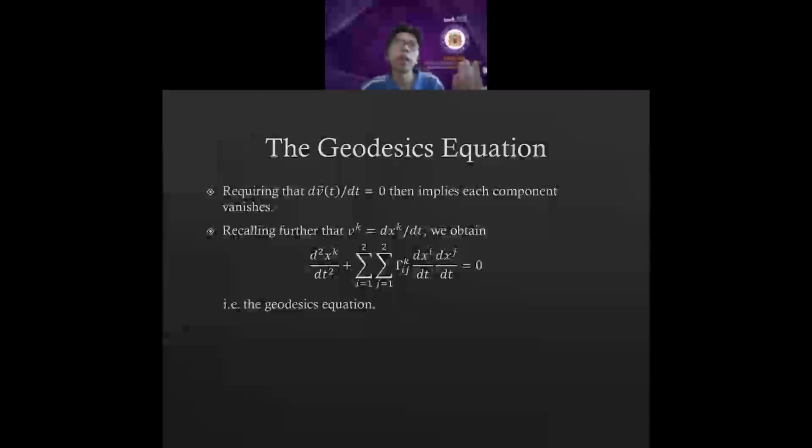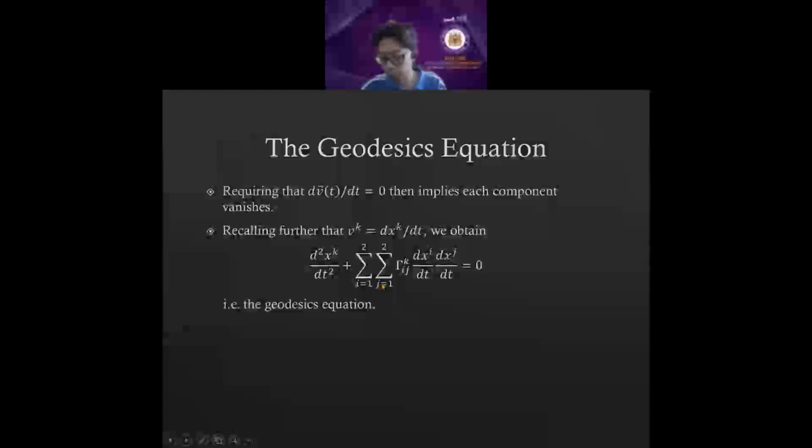Then what are those straight lines from the perspective of an accelerated frame of reference? How would we describe straight lines in an accelerated frame of reference? We need to describe straight lines using the geodesic equation.